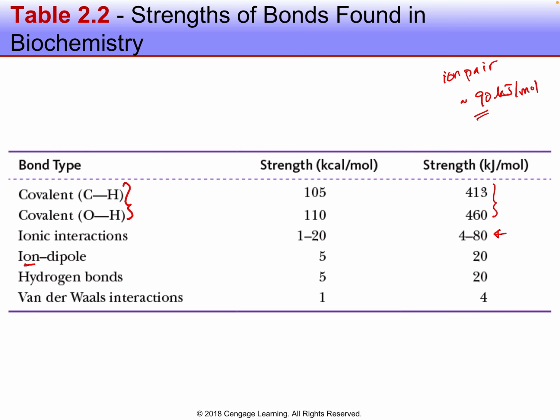If you have one ion and something that's not fully charged, a dipole, it drops from about 80 to 20 kilojoules per mole per interaction, so weaker. The hydrogen bond is a special case of a dipole-dipole interaction, and they are generally about 20 kilojoules per mole. And then van der Waals interactions are much weaker, the dispersion forces, about 4 kilojoules per mole. So as you go from something that is fully charged to something that has no charge, the strength of the interaction drops considerably.